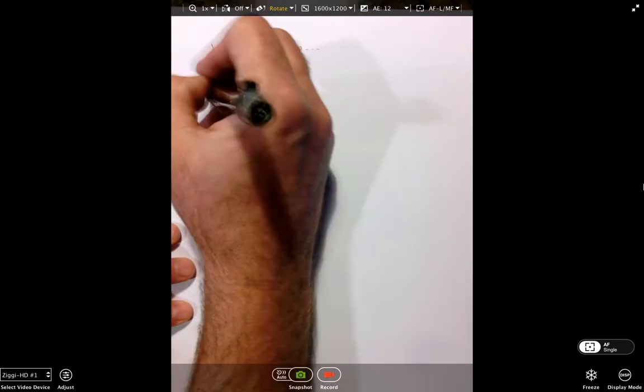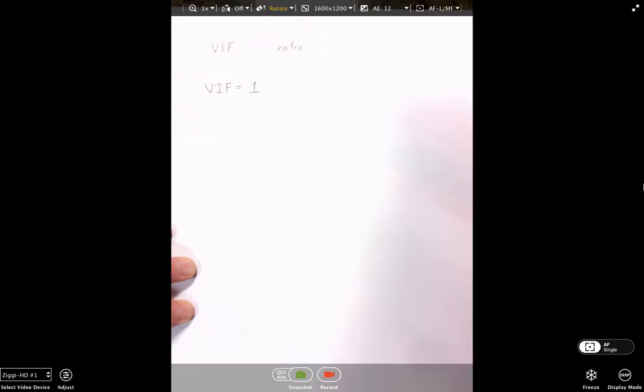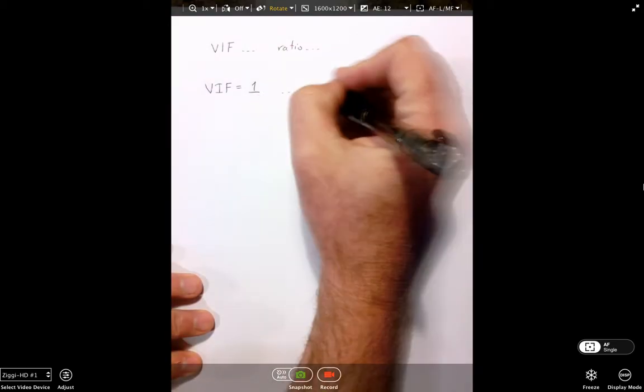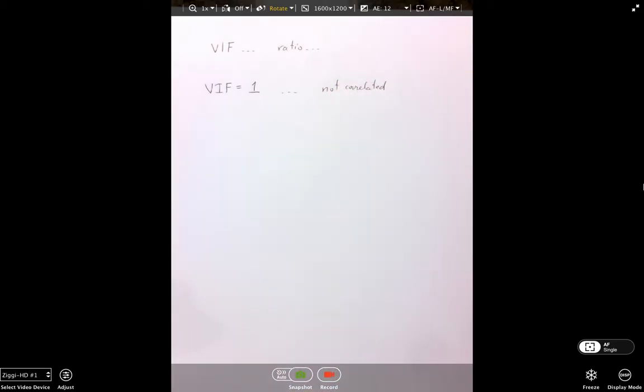So guys, if our VIF is equal to 1, that says the variance is inflated by a factor of 1, telling us that we are not in a situation where our predictor variables are linearly related.